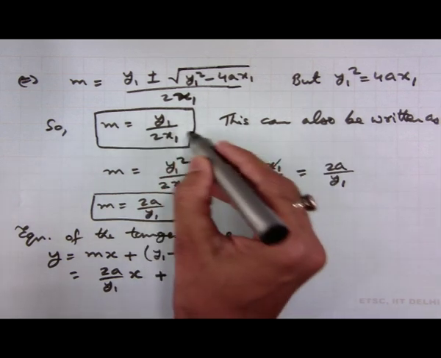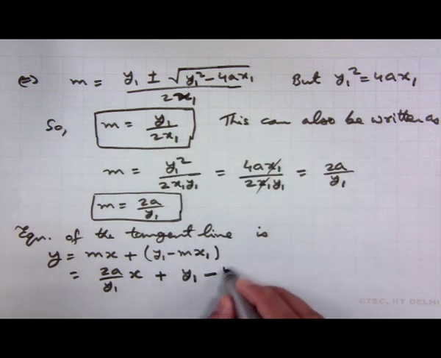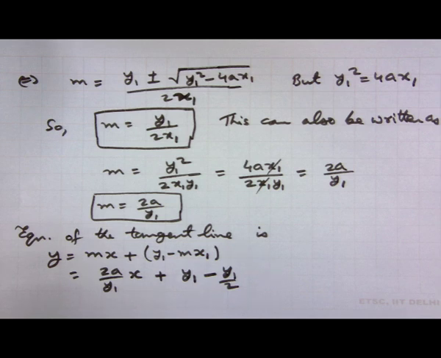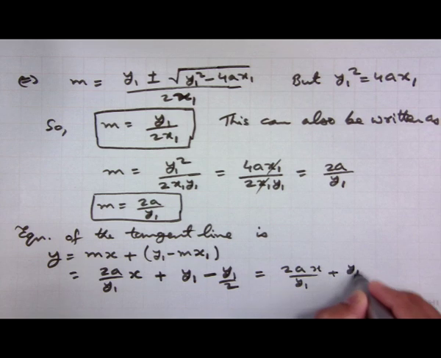If you see from this first equation, m times x 1 is y 1 by 2. So, this is equal to 2 a x by y 1 plus y 1 by 2.